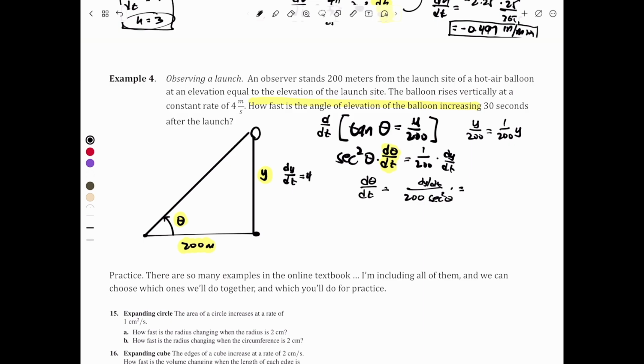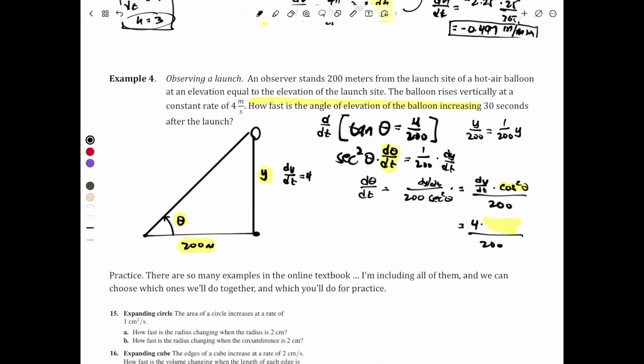So isn't that just equal to dy/dt times cosine squared theta over 200? And don't I know what dy/dt is? dy/dt is 4. All I need to know is, what is the cosine of theta?